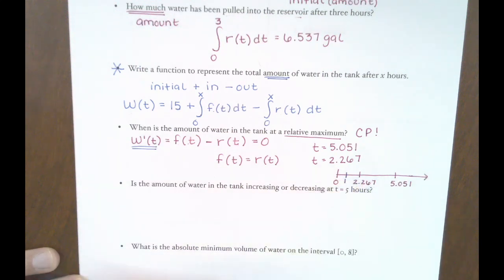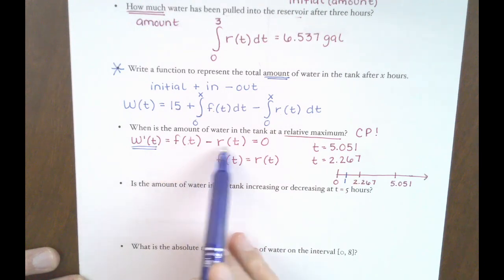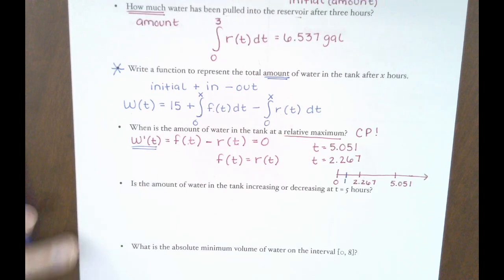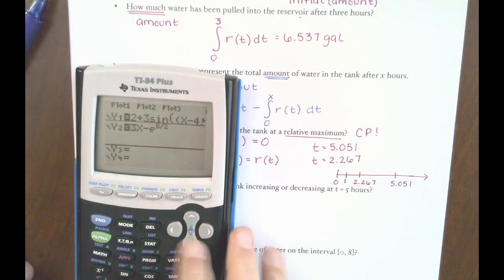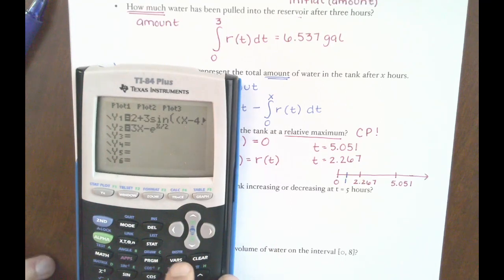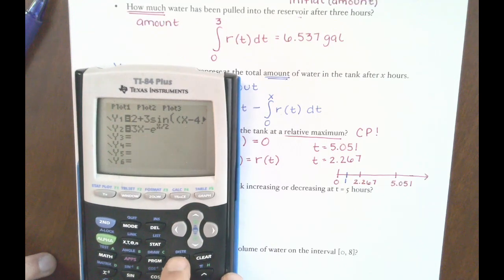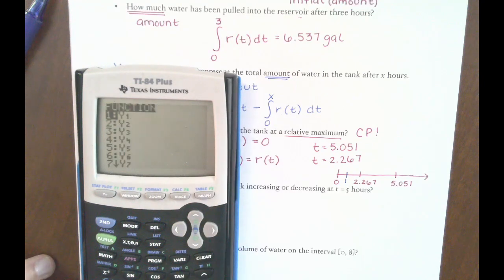Okay, so I'm going to pick a number like in between here. I'm going to pick a 1. And what I'm evaluating is f of 1 minus r of 1. There's actually a way I can do that on my calculator too. I'm going to go down here to y3, and I'm going to use my variables trick. So under y3, I'm going to hit variables, y variables, function. That's where I got to that list.